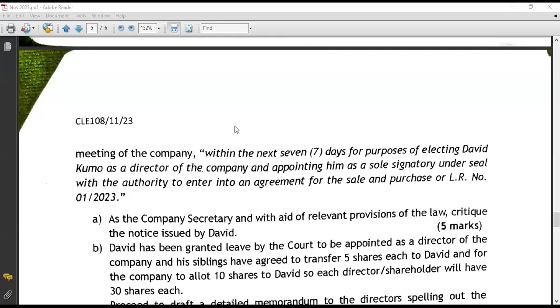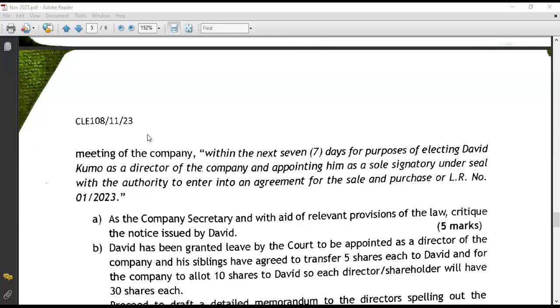Then it is an offense to act as a director when you have been declared bankrupt. That is section 301(1)(a) of the Insolvency Act. Then the other one, an annual general meeting requires 21 days notice.